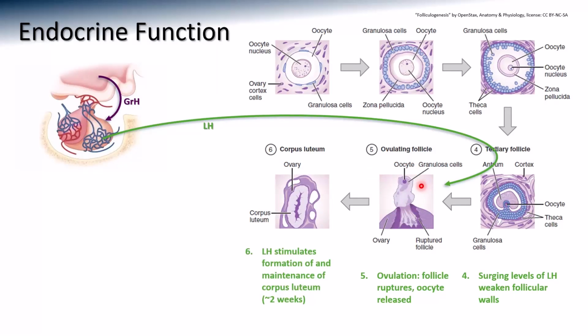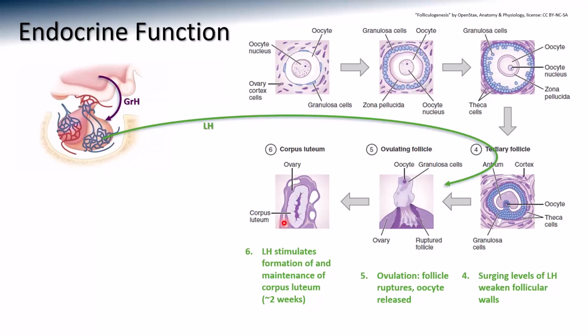And once that happens, the granulosa cells are still not finished. So some of them are coming out with the oocyte, but some are left behind. The ones that are left behind are going to patch up the hole that's left here by ovulation and form the corpus luteum.